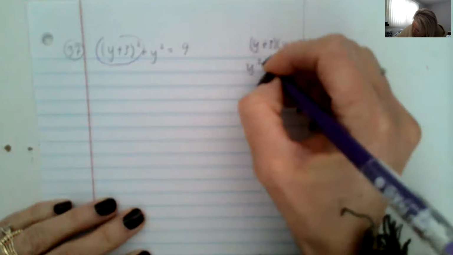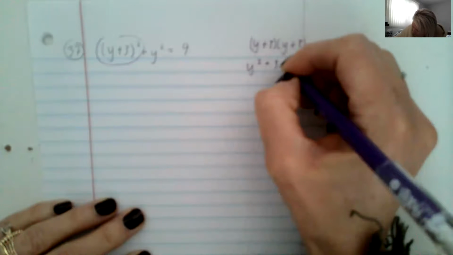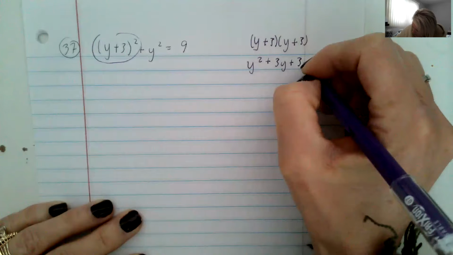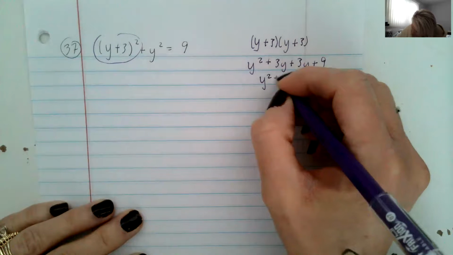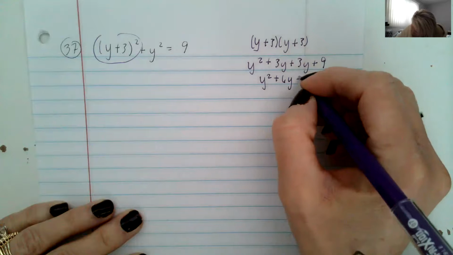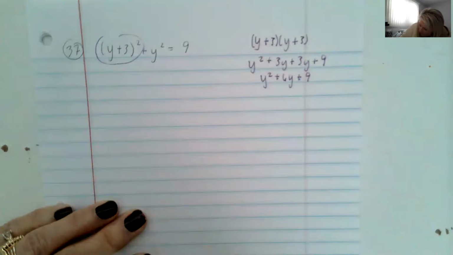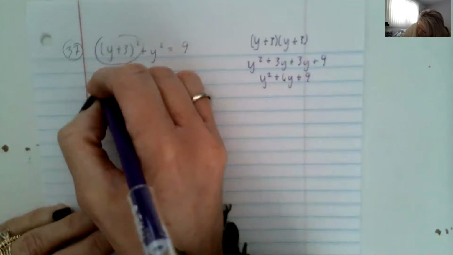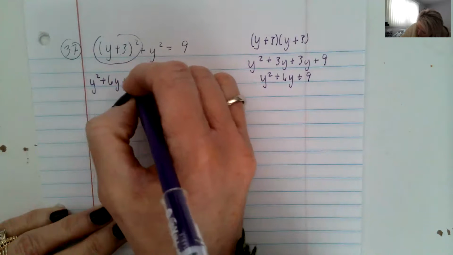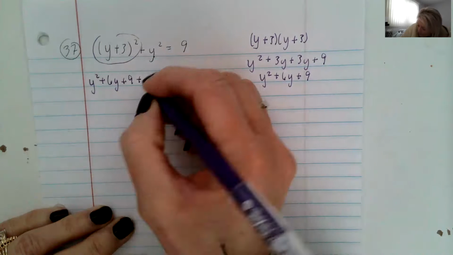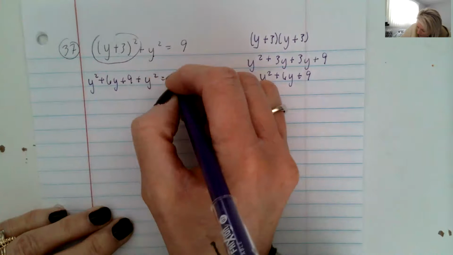So we have y squared plus 3y plus 3y plus 9, so y squared plus 6y plus 9. Then y squared plus 6y plus 9 plus this other original y squared equals 9.